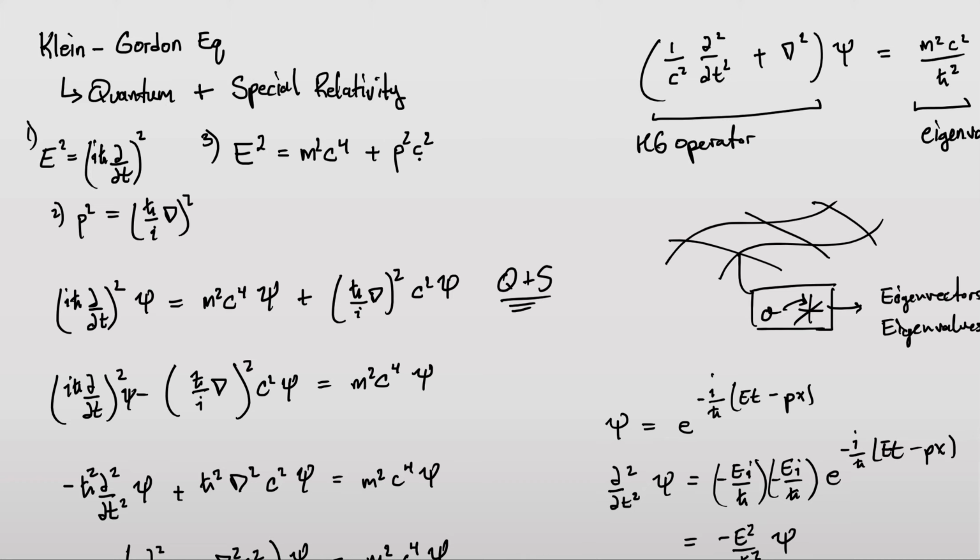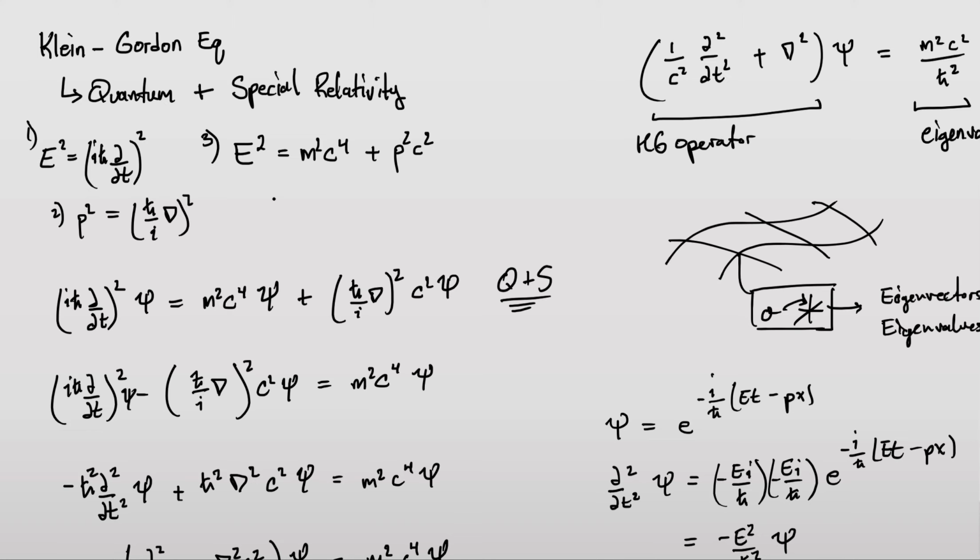Photons don't have mass, so this works for photons, but it also works for objects that have zero momentum. For objects that aren't moving, this becomes rest energy, and we get E equals mc squared, that famous Einstein equation. For objects that are moving, we have a non-rest mass, or a moving mass.